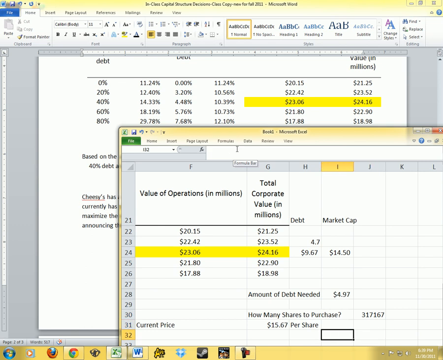The shares remaining are going to be equal to 1.2 million, that's how many we started with, minus the 317,167. So we have 882,833 shares outstanding. So we want to figure out our price.